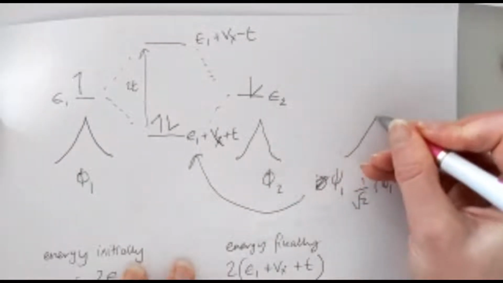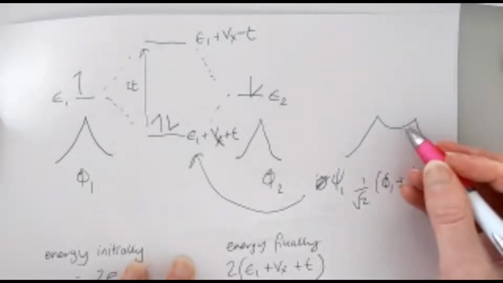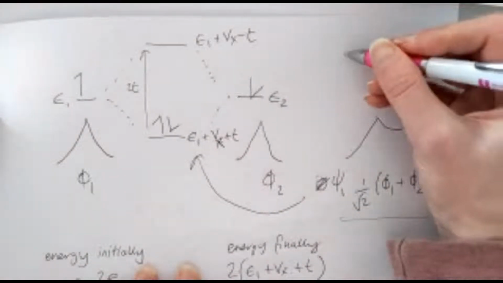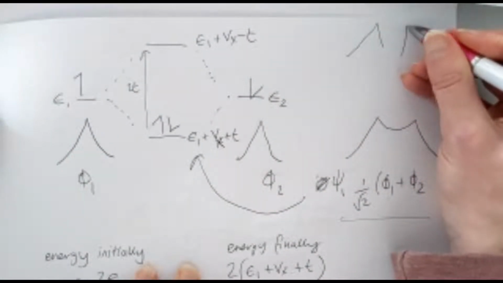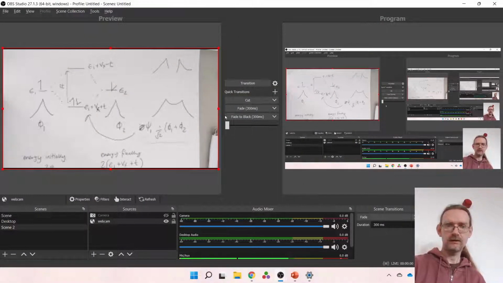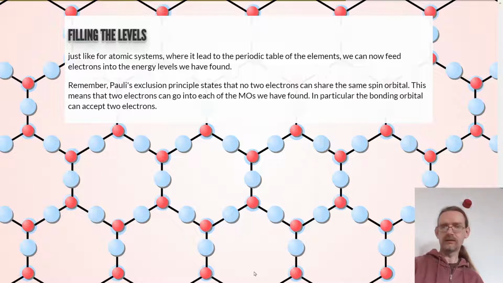So it looks like this, in phase combination of the two wave functions. And the other one will look like this, out of phase combination of the two. So we're getting used to how this works. Right. So that was that.